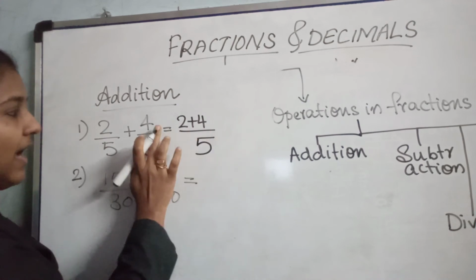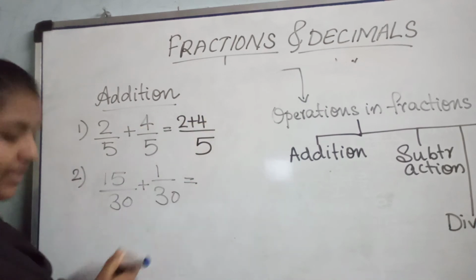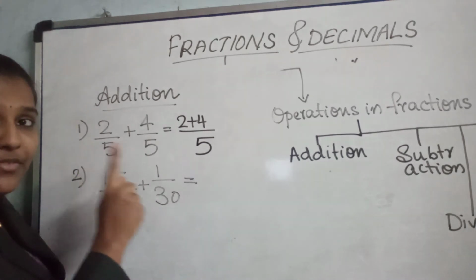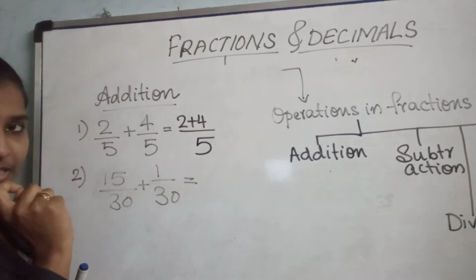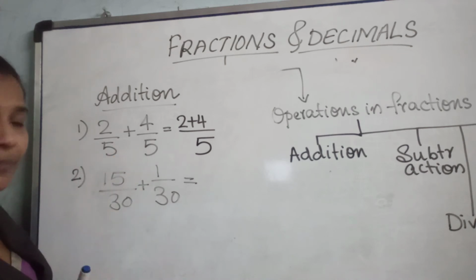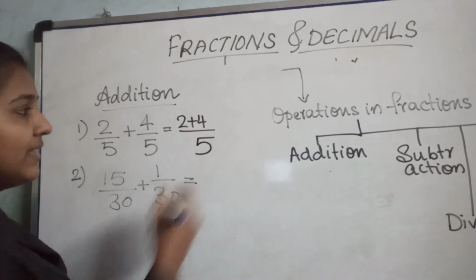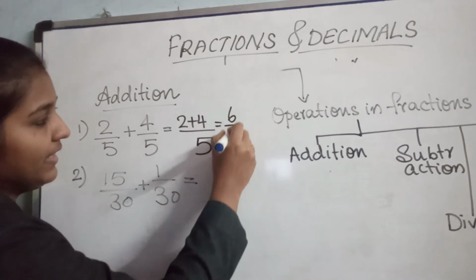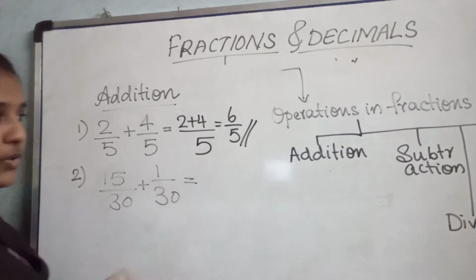So add the numerators and write the same denominator if the given fractions are like fractions. Here 4 plus 2 is 6. So 6 by 5 is the answer for this question.